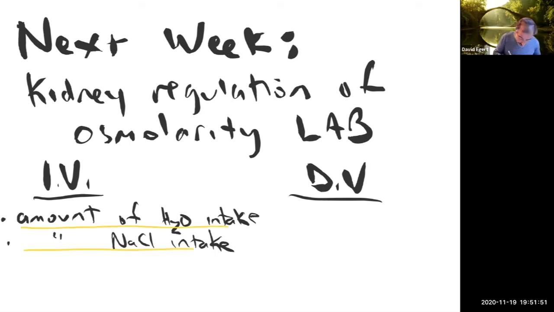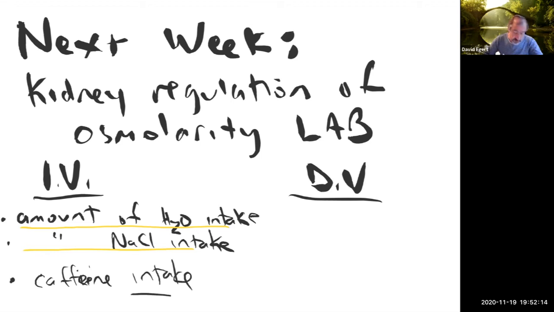The other one we added in, just because there is this basic thought in most of the world that caffeine makes you want to pee. We're also going to have caffeine intake as an independent variable. Some people will take in a bunch of caffeine and some people not.